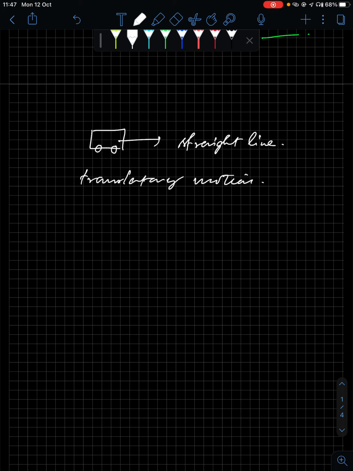Here you see, if you consider the particles of the body that constitutes this bus, all the particles have the same displacement. That is written in the definition, and this holds good. You need to understand that all the particles in the bus are having the same displacement as the overall bus. Okay, so that is what happens with translatory motion. That is case number one.